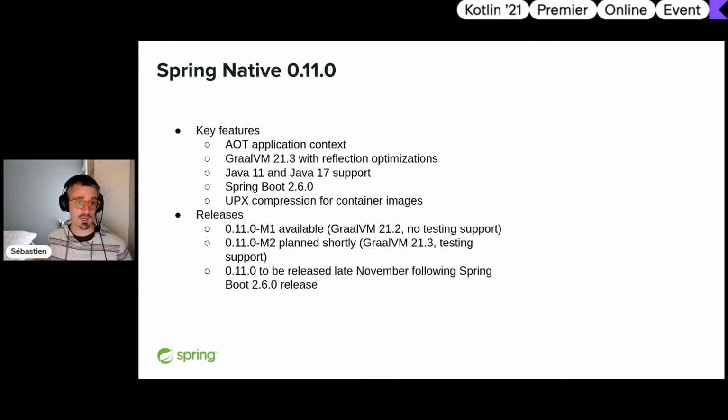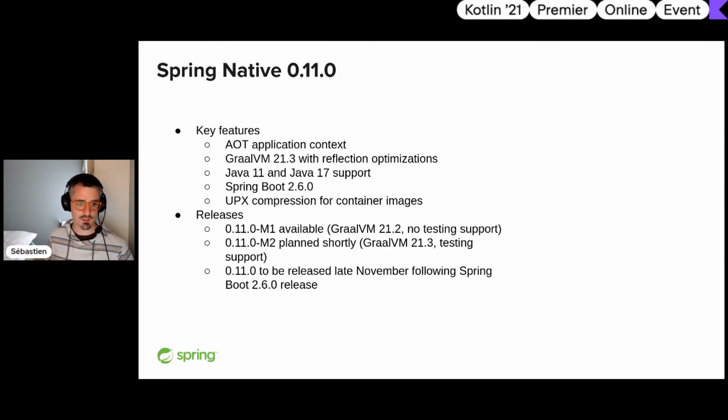You can generate whatever level of bytecode you need from Java 11 to Java 17, which is supported with Kotlin 1.6, and you should be fine. It will be based on Spring Boot 2.6, to be released mid-November. And it will provide you the UPX compression that allows achieving a 5x compression ratio.